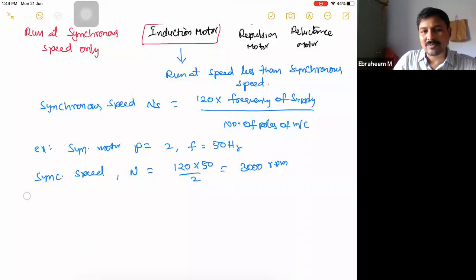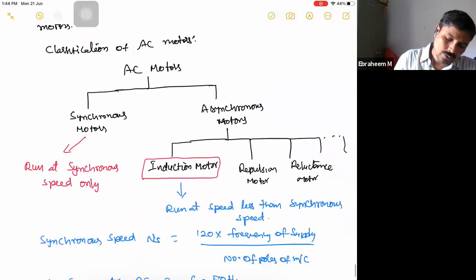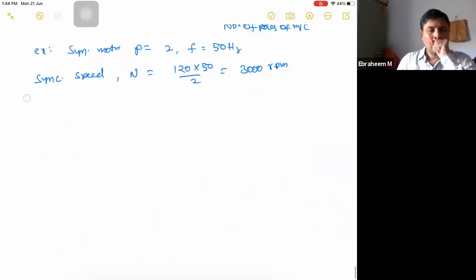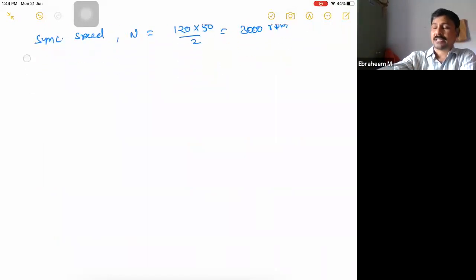That's why they occupy 70% in all the industries of the world. So that is the importance of the induction motor, three-phase induction motor particularly. Single-phase induction motors are also there.